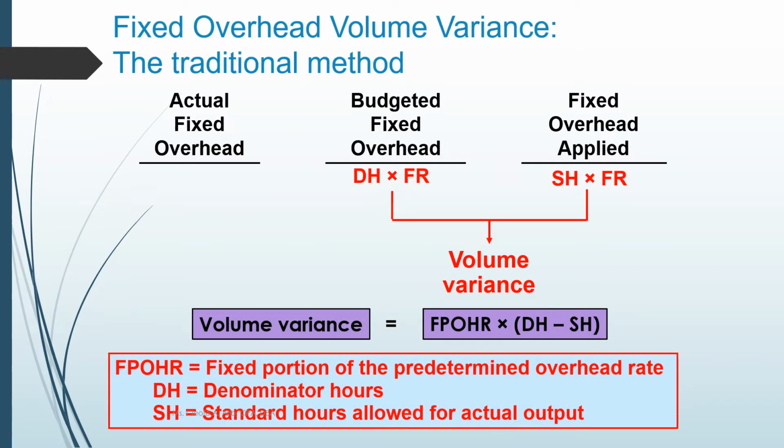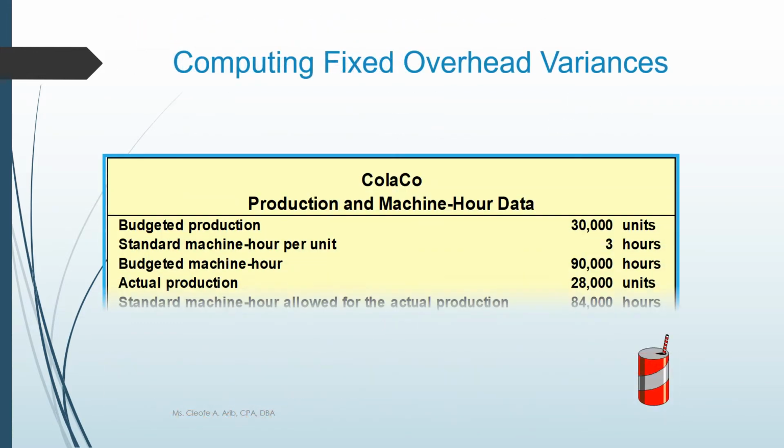The volume variance can also be computed by multiplying your fixed portion of your predetermined overhead rate by the difference between your denominator hours and your standard hours.